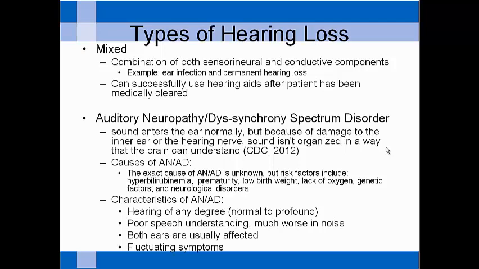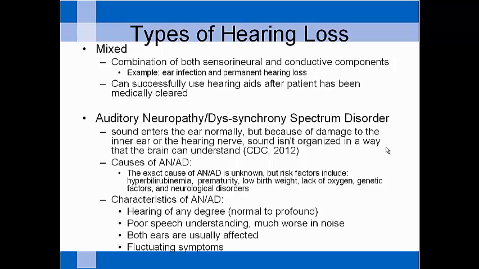Some of the characteristics of auditory neuropathy, really there can be any degree of hearing loss. So it can be normal hearing or it can be all the way down to a profound hearing loss. What we will notice in people with auditory neuropathy is that their ability to understand speech is very poor, especially in noise.